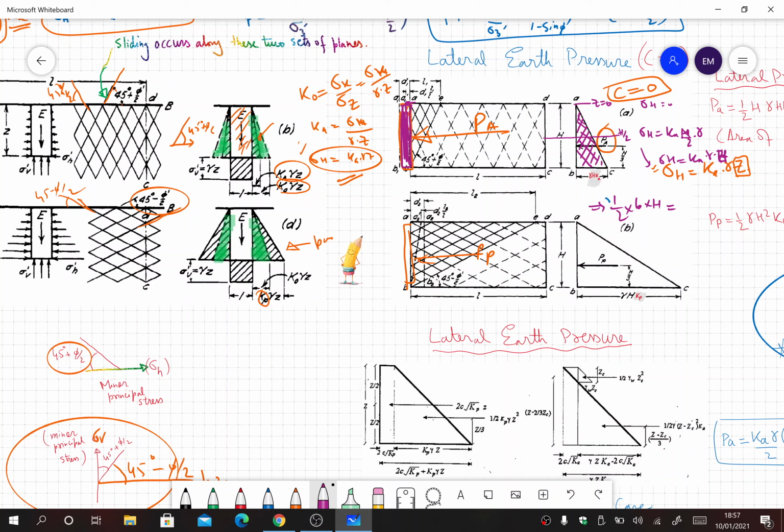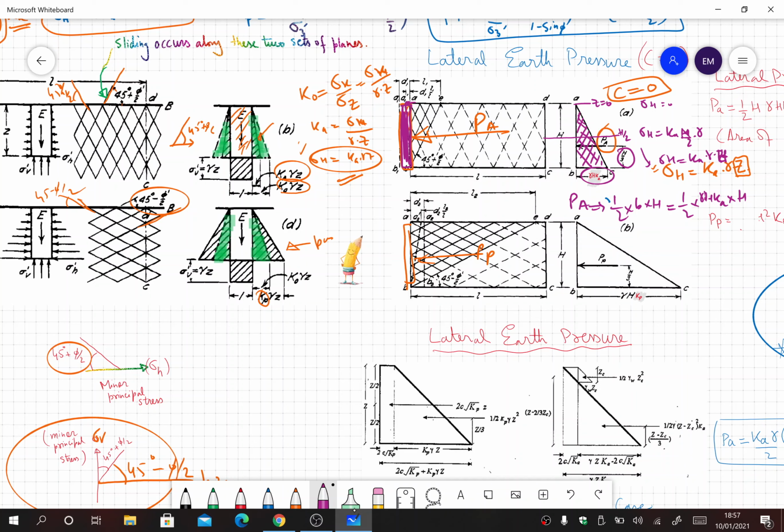The base is gamma h into Ka, that we have calculated, and we multiply that with the height of the retaining wall. This way we find the Pa value, and from the triangular distribution we know that it acts at one third of the height, that is h by 3.